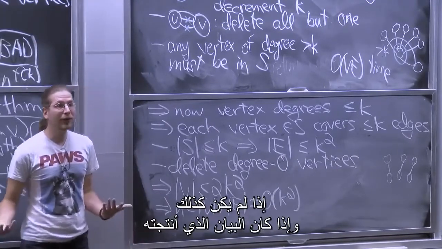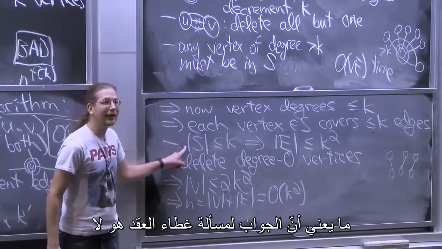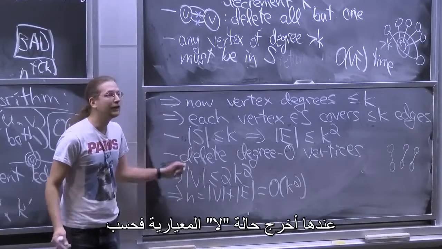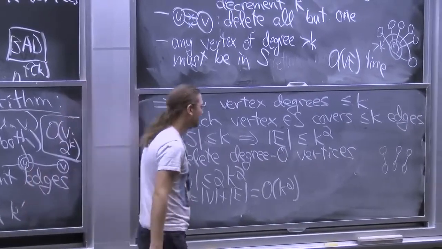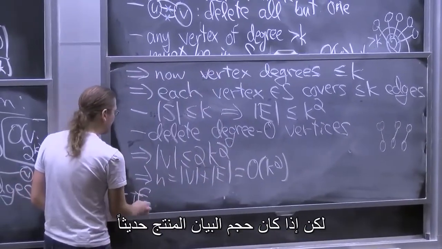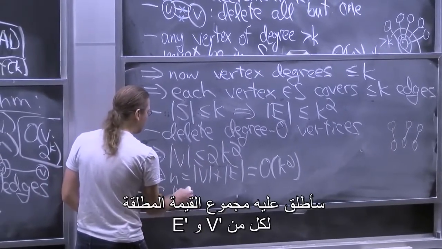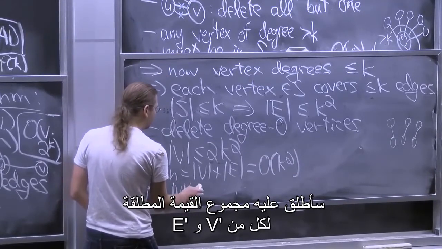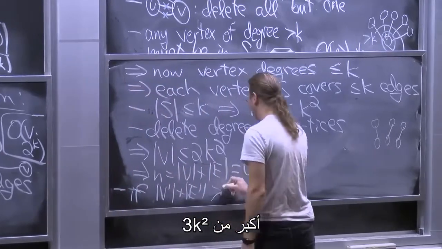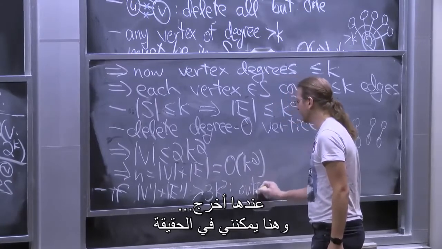If it isn't, if the graph I've produced is still too big, that must mean that this assumption was wrong, which means the answer to the vertex cover problem is no. There is no vertex cover of size at most k. And so then I just output a canonical no instance. If the newly produced graph, I'll call it V prime plus E prime, is greater than 3 times k squared, then output, and here I can actually give you one.